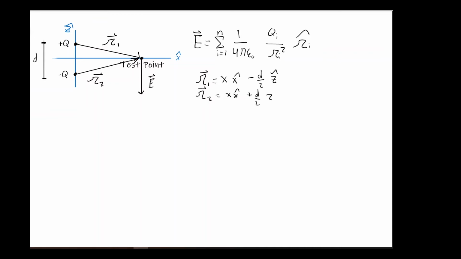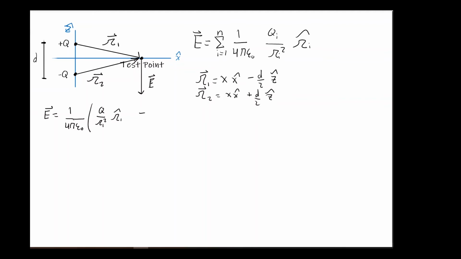Okay, so now that we have our curly r vectors established, let's use our equation and expand out our electric field equation to begin to look at what it is going to end up looking like. So we're going to have 1 on 4 pi epsilon naught times the quantity of our positive source charge divided by the magnitude squared of curly r vector 1 in the curly r 1 hat direction, minus, or I guess in this case plus, the negative source charge divided by curly r vector 2 in the curly r 2 hat direction.